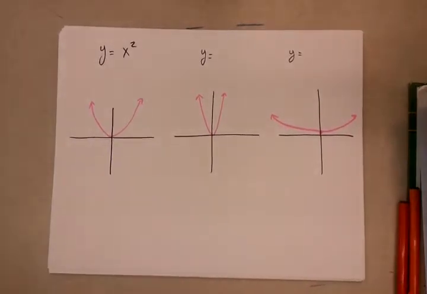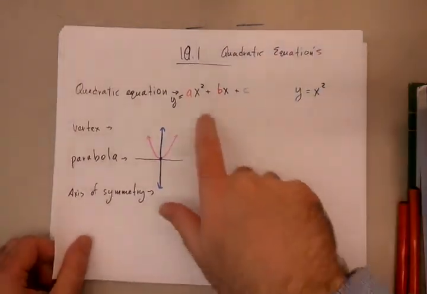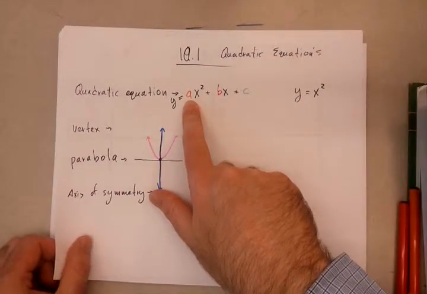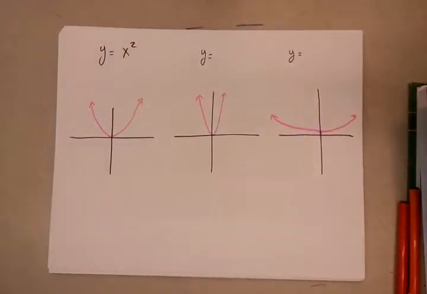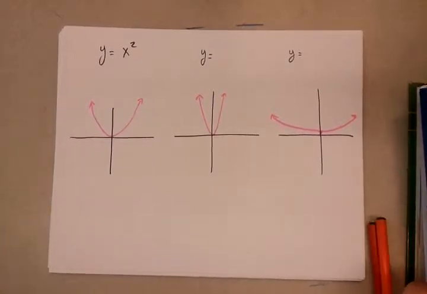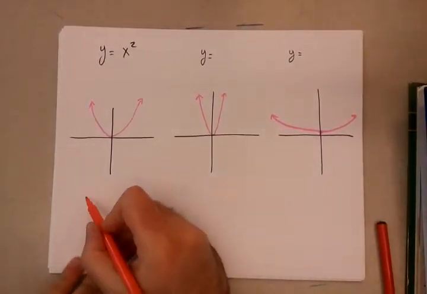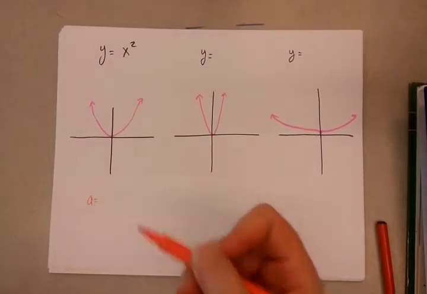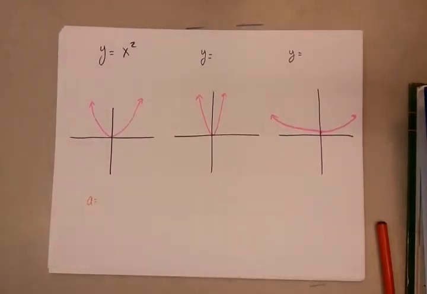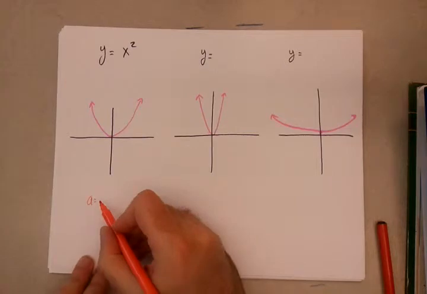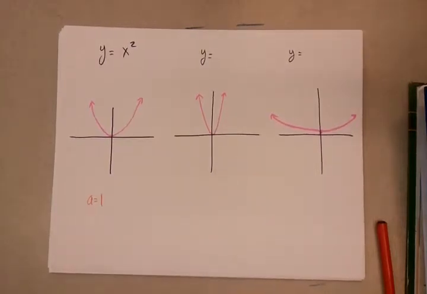Now remember from the previous slide, you could have something in front of that x squared, the a. So looking at the first graph, what's the a? Well, there's nothing in front of the x squared, and if there's nothing to be seen, there's always a hidden 1. Okay?